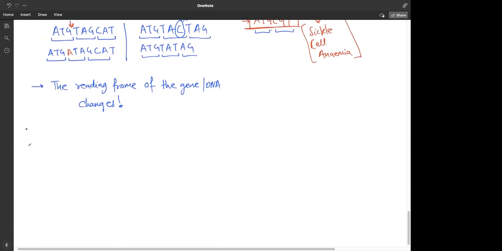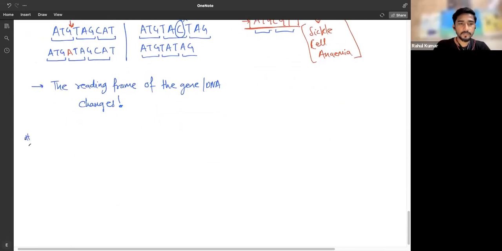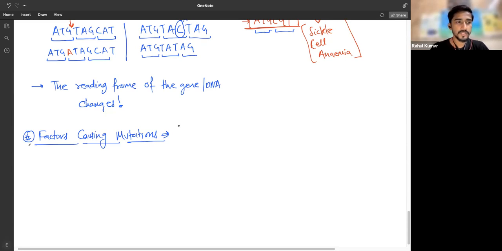Good. Now let's come to factors. What do you think can cause mutation? Whatever causes mutations are known as mutagens. Okay.